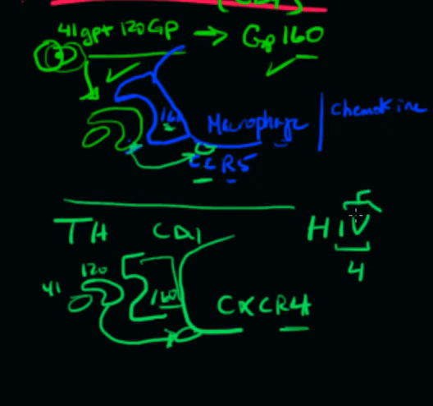So even the word HIV gives us the hint that there's a 4 and a 5 in it. So I remember R5 for macrophages and CR4 for T helper cells. Alright, thank you.